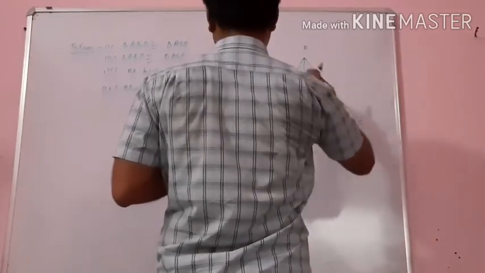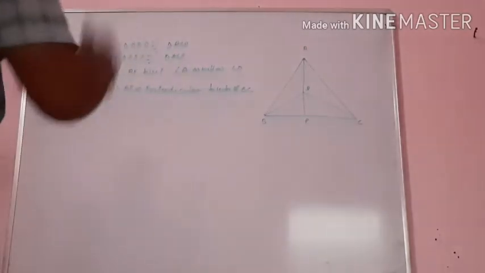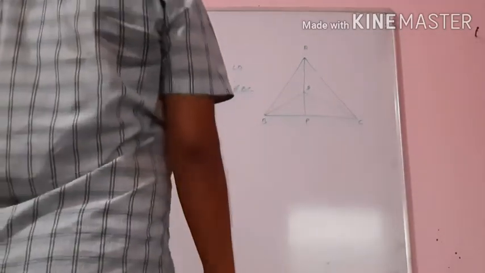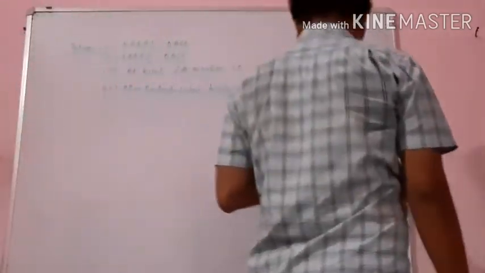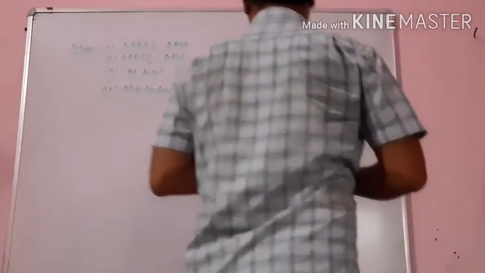Now, to prove that ABD and ACD are congruent, consider triangle ABD and triangle ACD. What do we have in the proof?